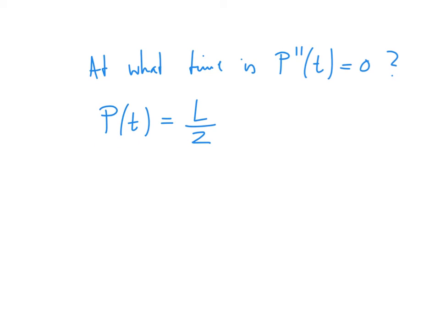And in this case, you would just have to set it up like L over 1 plus C times e to the minus kt equals L over 2. And of course now in your application, L, C, and k would have specific values, but it really does not make a big difference.